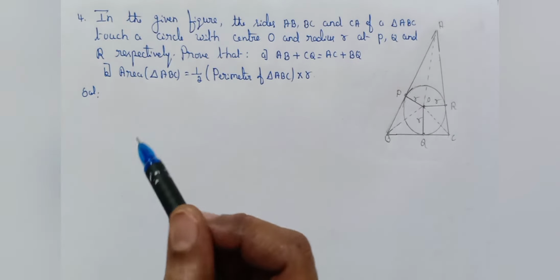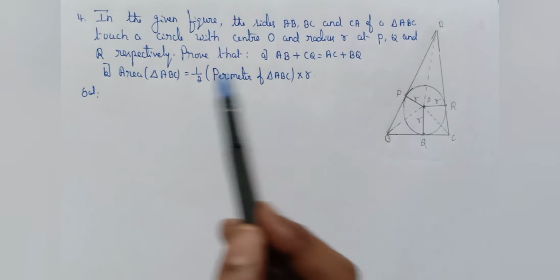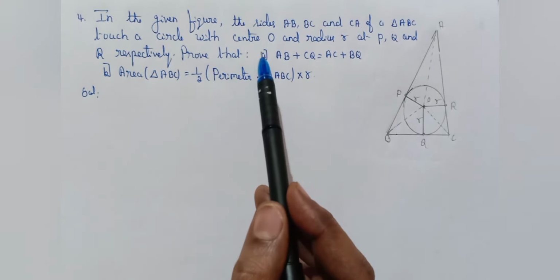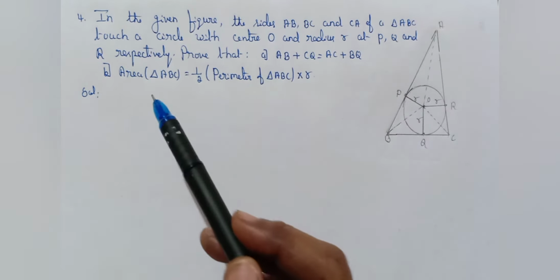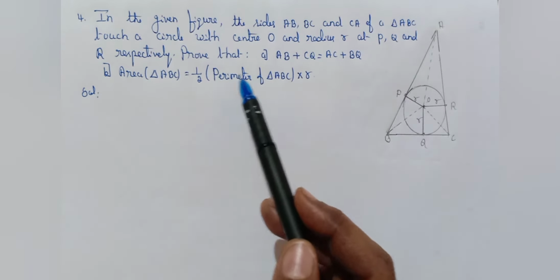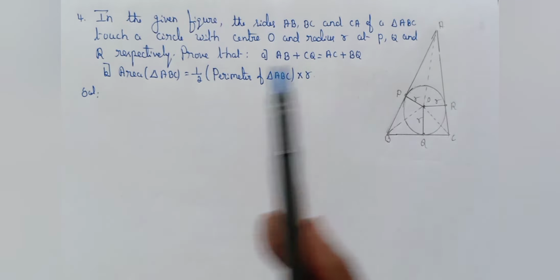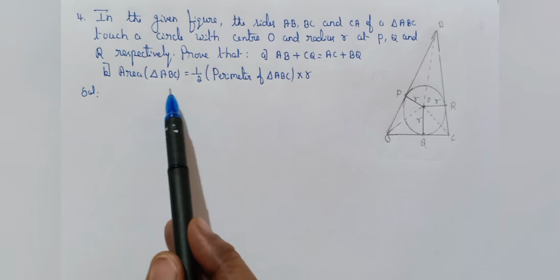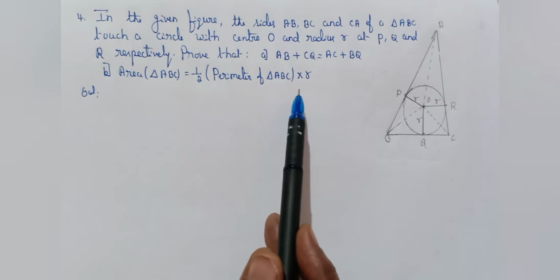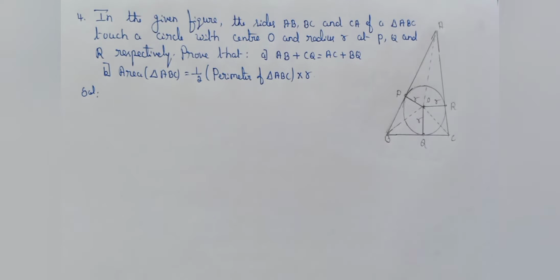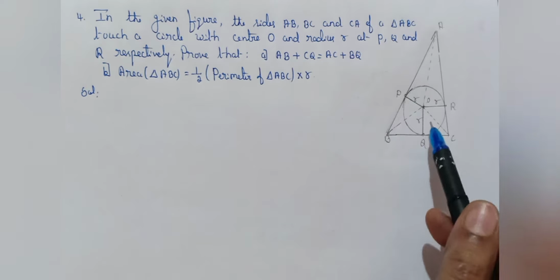Next problem. In the given figure, the sides AB, BC and CA of a triangle ABC touch a circle with center O and radius R at P, Q and R respectively. Prove that the first one, AB plus CQ is equal to AC plus BQ, and area of the triangle ABC is equal to half of the perimeter of the triangle ABC into R. We know that the tangents drawn from an external point to a circle are equal.